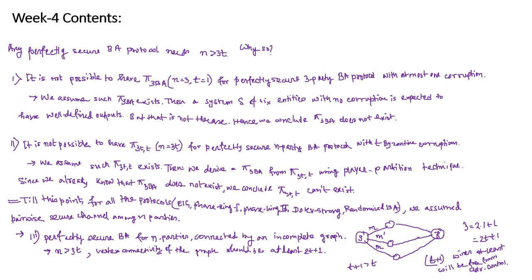Okay, so this is about the perfectly secure BA protocol over an incomplete graph. Next we move to error correcting codes.